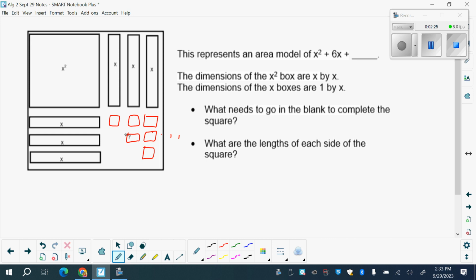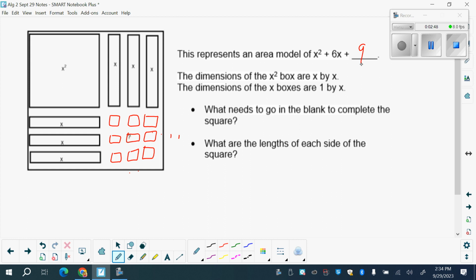So 3 by 3. That makes a square. So 9 is what we would add to get this square. If I added anything other than 9, it would not make a square.